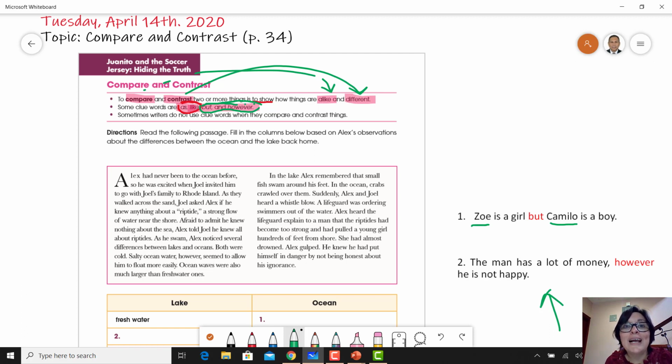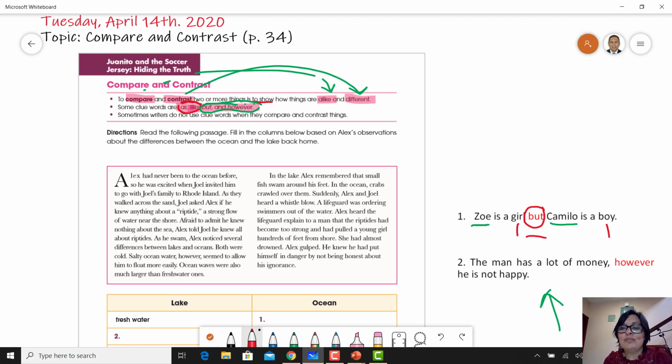We are contrasting Zoe and Camilo, and we are using the word but to contrast them, or to look for the differences. And what differences do we find between Zoe and Camilo? That Zoe is a girl and that Camilo is a boy. So when we use but, it's because we are contrasting or saying something that is different.